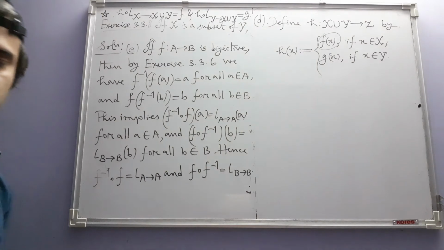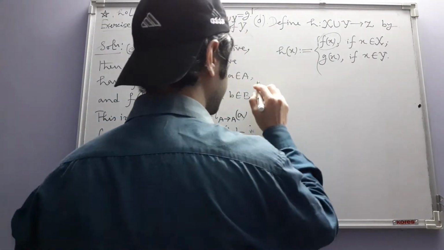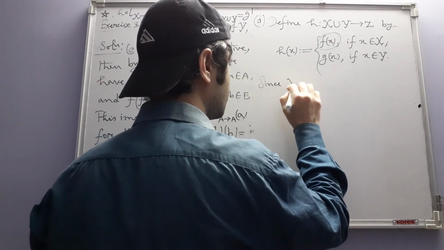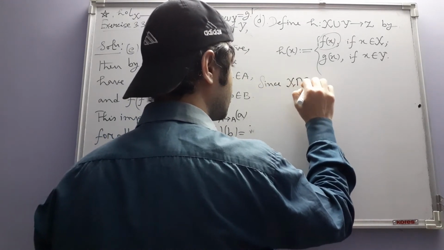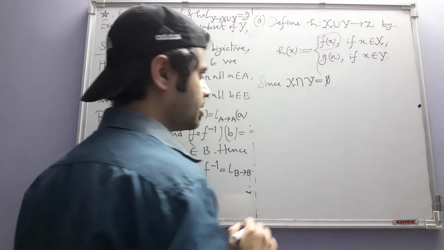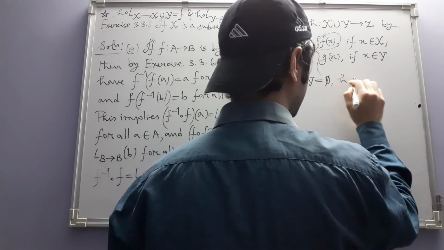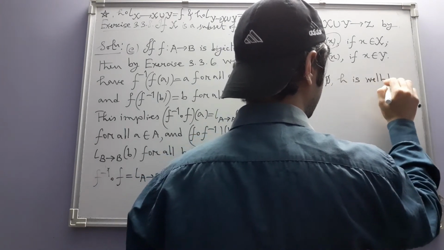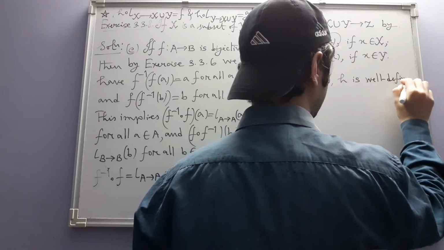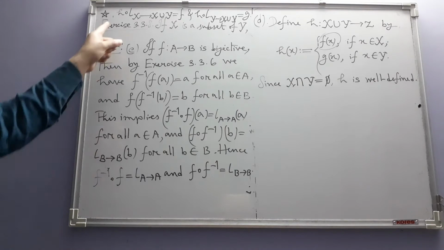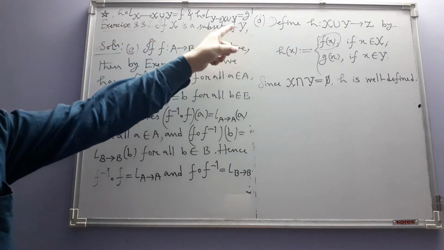And of course we are not going to say so much, we will just say this much. Since X intersection Y is the empty set, h is well defined. Okay, now we have to verify these equations.